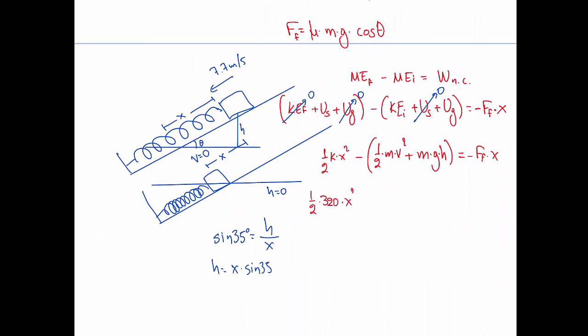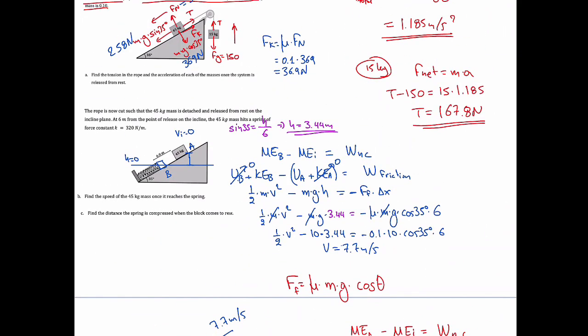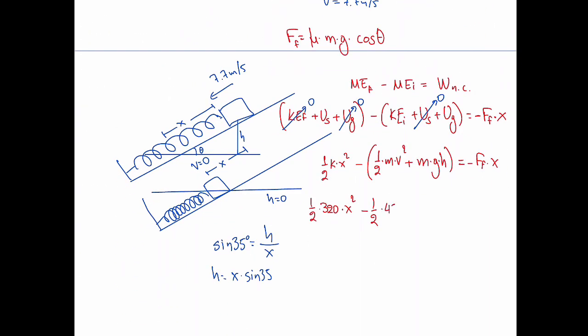The x is unknown, minus 1 over 2. The mass is given, 45 kgs. The velocity is 7.7 to the power of 2. And again, minus 45 times g times the height, that is sine of 35.